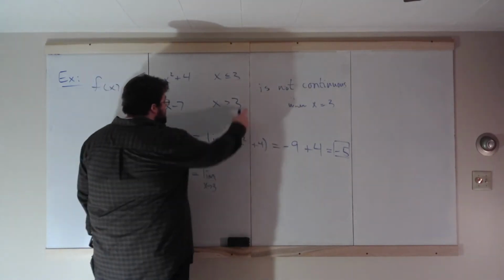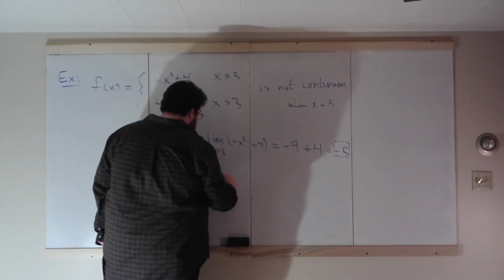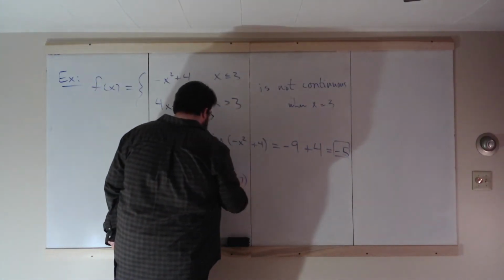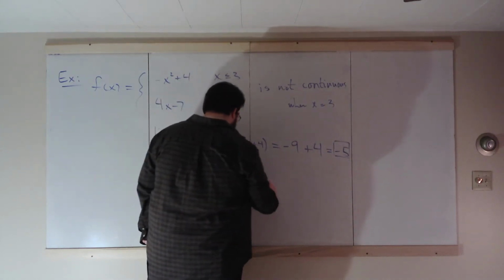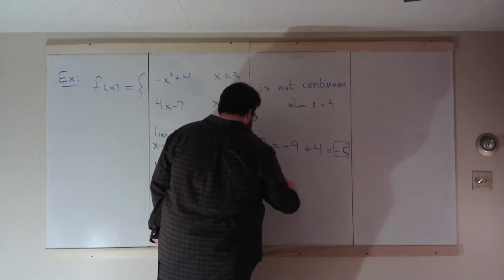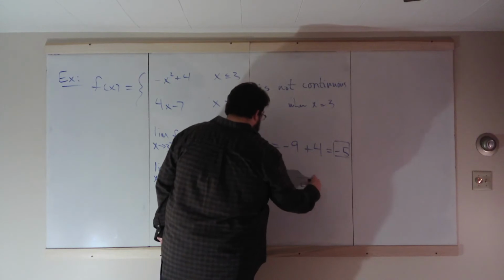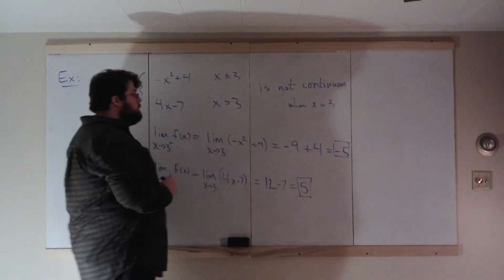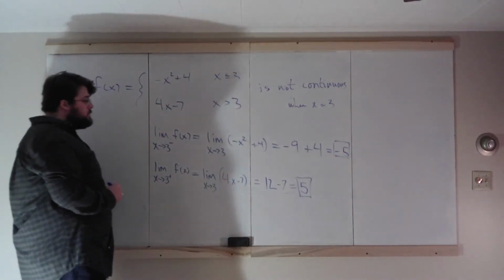Limit as x approaches 3 on the right, it's defined as 4x minus 7 on the right of 3. Substitute 3, use the limit laws, 12 minus 7, which is positive 5. So this is not continuous when x equals 3.